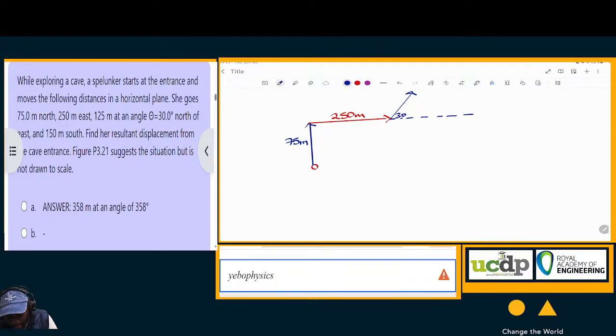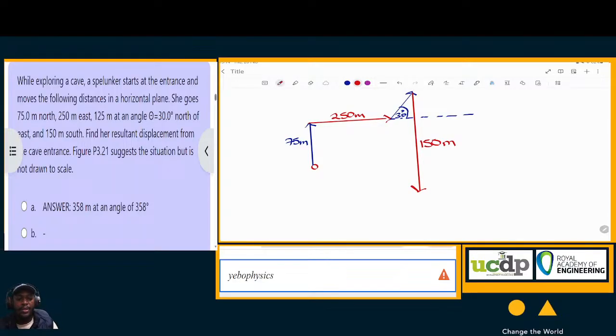Then we're told that she moves 150 meters south. So from there, this is 150 meters.